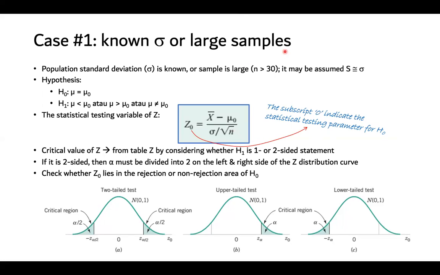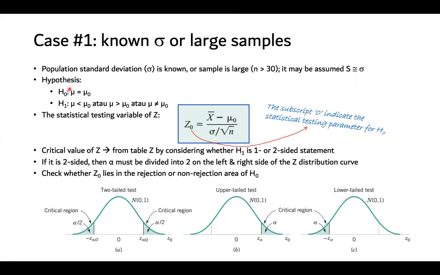A large sample is determined by a sample size of more than 30, where it can be assumed that the standard deviation of the sample is similar to the standard deviation of the population.